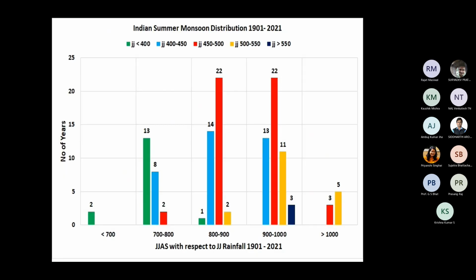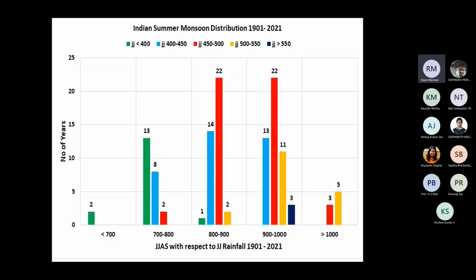If my prediction that by July end we'll have cumulative rainfall of the order of 500 holds, then in this graph where I show the possibilities of various values, if you look at the red one above, red is June, July between 450 and 500, and the yellow one is 500 to 550.